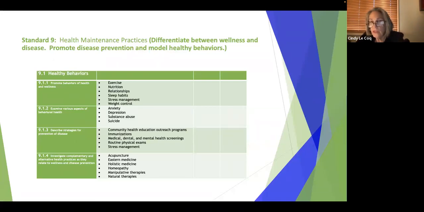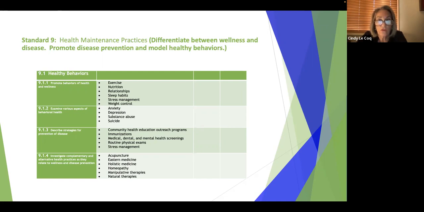So speaking of the enhancements, I'm going to show you just a quick little example of what the enhancements can offer you. I just picked standard 9, health maintenance practices. This is the standards directly copied from the standard spreadsheet that Nancy talked about. You can see the major statement and then the subcategories under there.